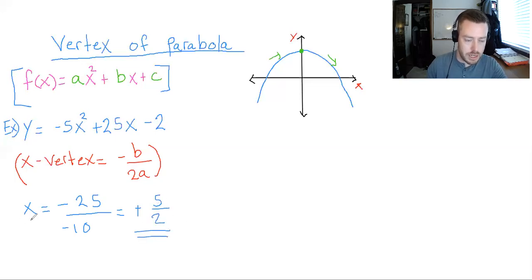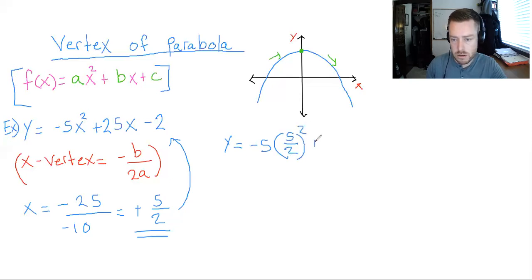Now that you have your x vertex, your x point, you know exactly where it is on this graph. We need to know the y part, and simply, you take this value and plug it back into the function. So y is equal to minus 5 times 5 halves squared, plus 25 multiplied by 5 halves, minus 2.